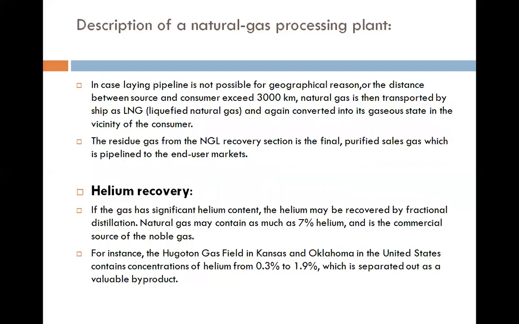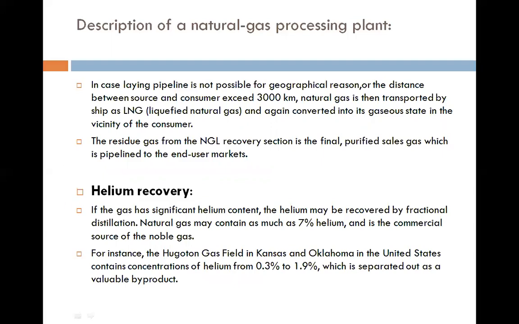In case laying a pipeline is not possible for geographical reasons, or the distance between source and consumer exceeds 3,000 km or more, the natural gas will be transported by ships as LNG, not in its gaseous state. The residue from the NGL recovery section is the final purified sales gas, which is piped to the end user markets.